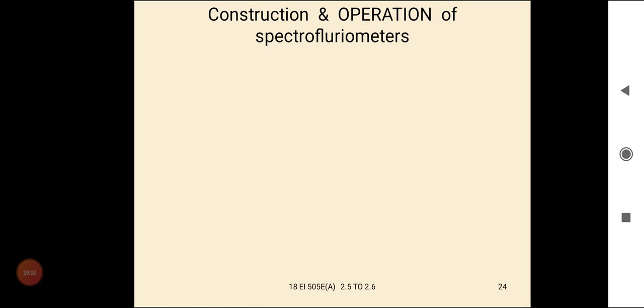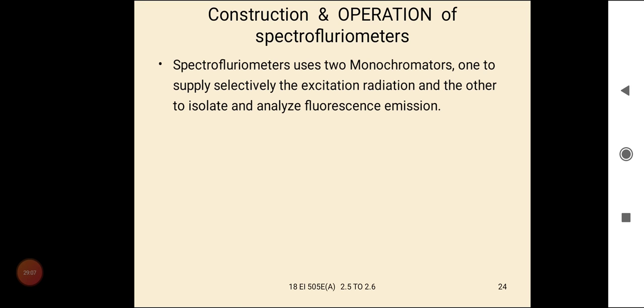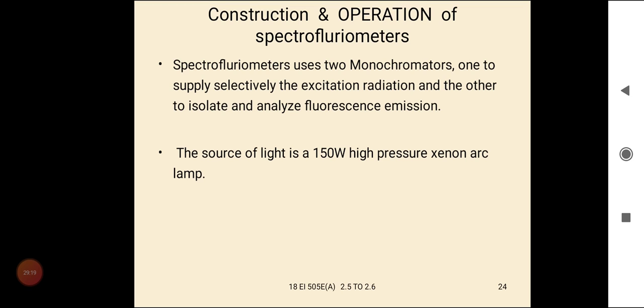Construction and operation of a spectrofluorimeter. A spectrofluorimeter uses two monochromators, one to selectively supply the excitation radiation, the other to isolate and analyze fluorescence emission. The source of light is a 150 watts high pressure xenon arc lamp.